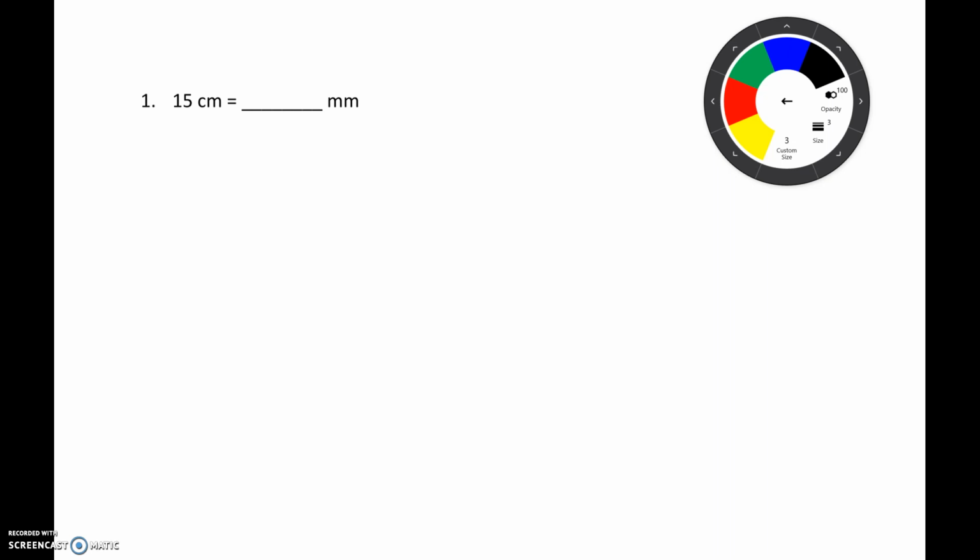When you're dealing with this type of problem, I would suggest the strategy of converting first to the base unit and doing this type of problem in 2 steps. So the strategy that I'm going to use is I'm going to start with the unit that's given to me, which is what I always do. So I'm going to go from centimeters. I'm going to convert this to just meters alone.